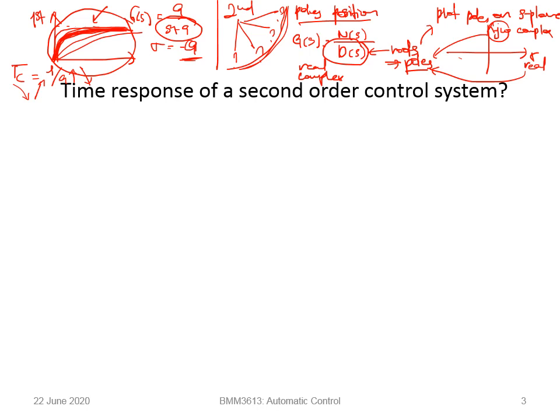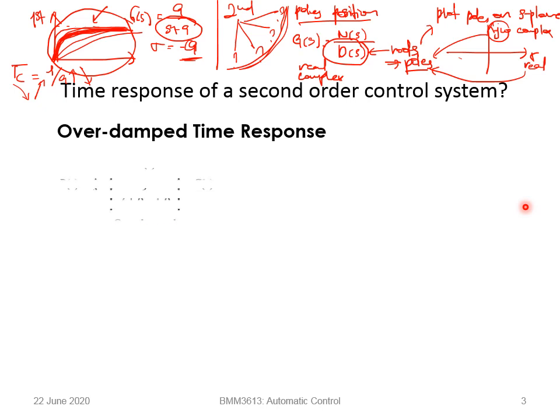So I'll change to a pointer. In this first category, what we're going to look at is what we call an overdamped time response. So what is an overdamped time response? Let's take an example of this particular transfer function, written as 9 over s squared plus 9s plus 9, right? In order to study a transfer function, we excite it with an input.